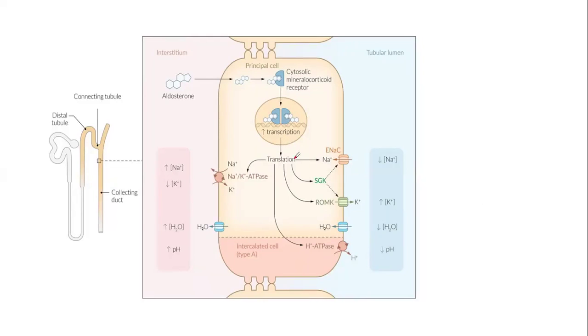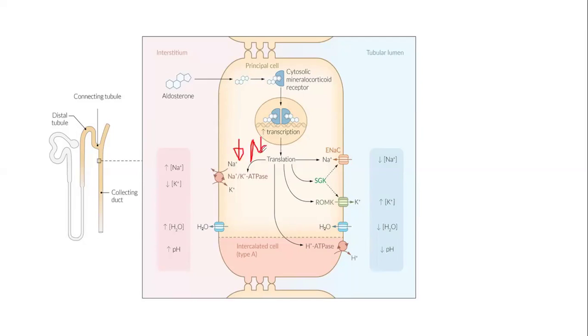Translation of different pumps and receptors will occur. First, there will be increased pumps of sodium and potassium. This will cause sodium release into the interstitium and potassium reabsorption. When this happens, the concentration of sodium inside the cell decreases, right?